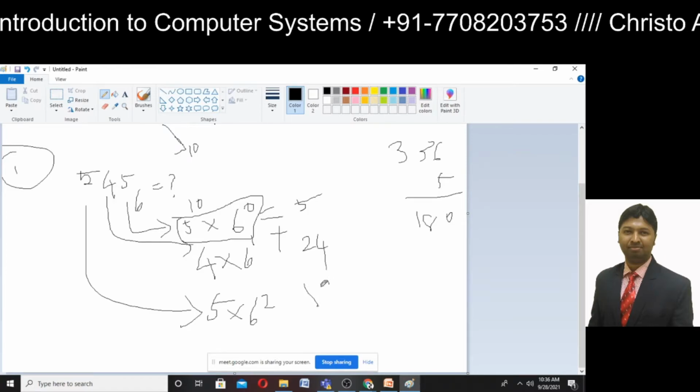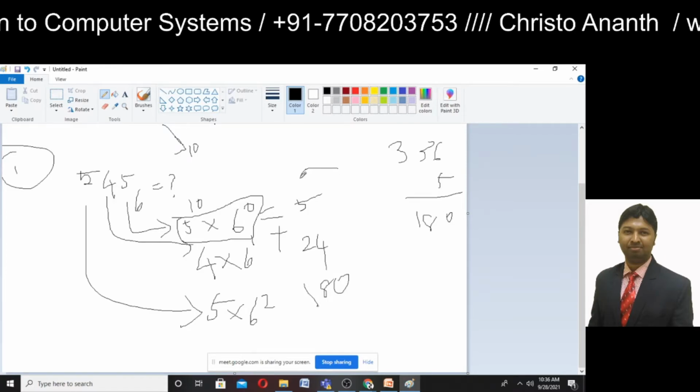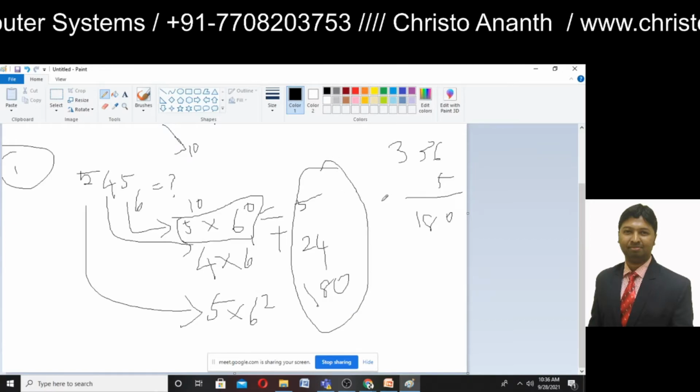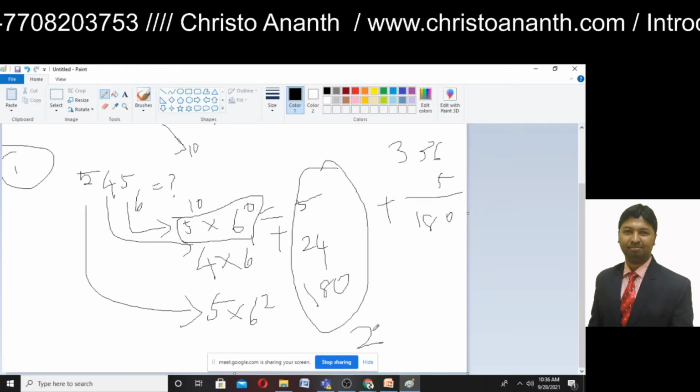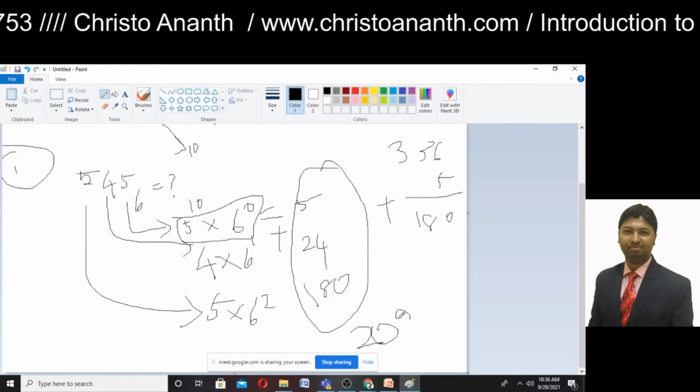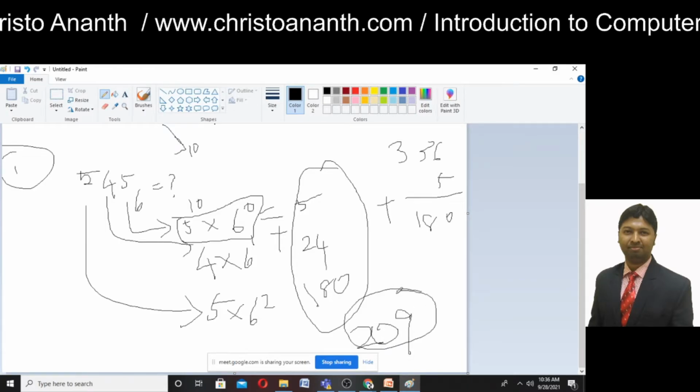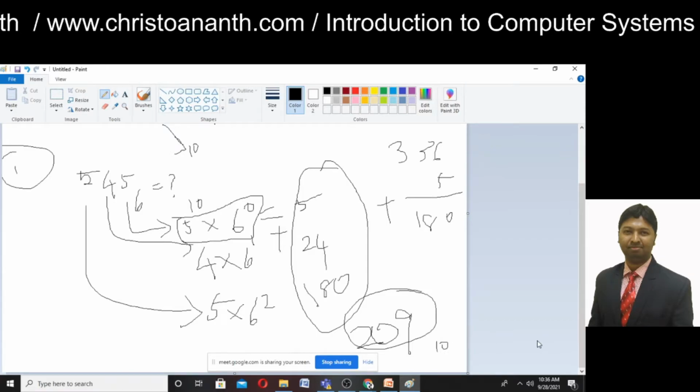So it is 180, plus 24, plus 5, which is 209 to the base 10.